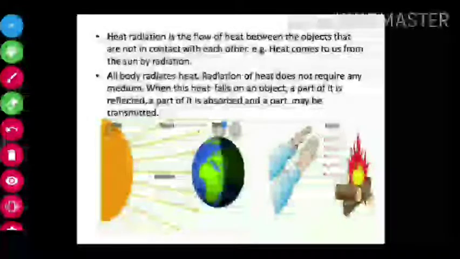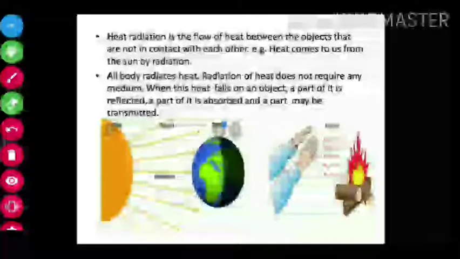Then the last process of transfer of heat is radiation. Radiation is the flow of heat between objects that are not in contact with each other. Like we are getting heat from the sun when we are going out. That heat is coming from the sun by the process of radiation.